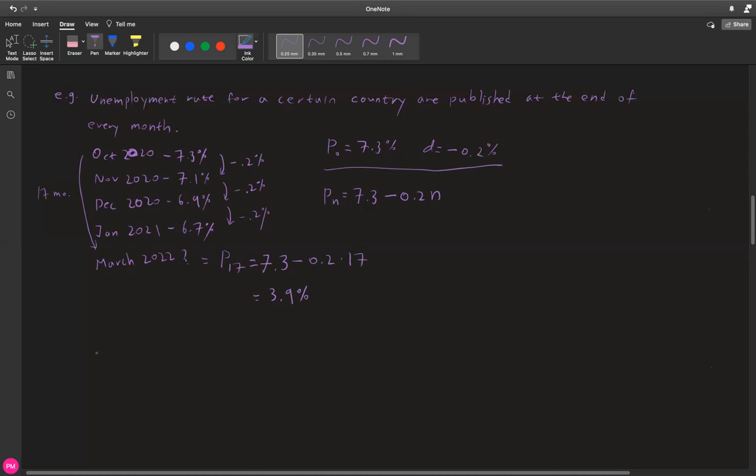So let's say, when will the country reach a zero unemployment rate?